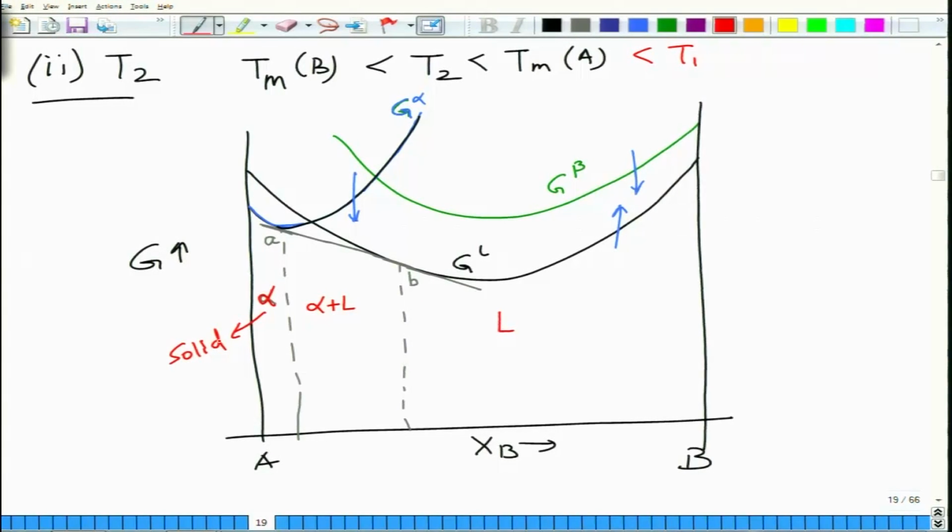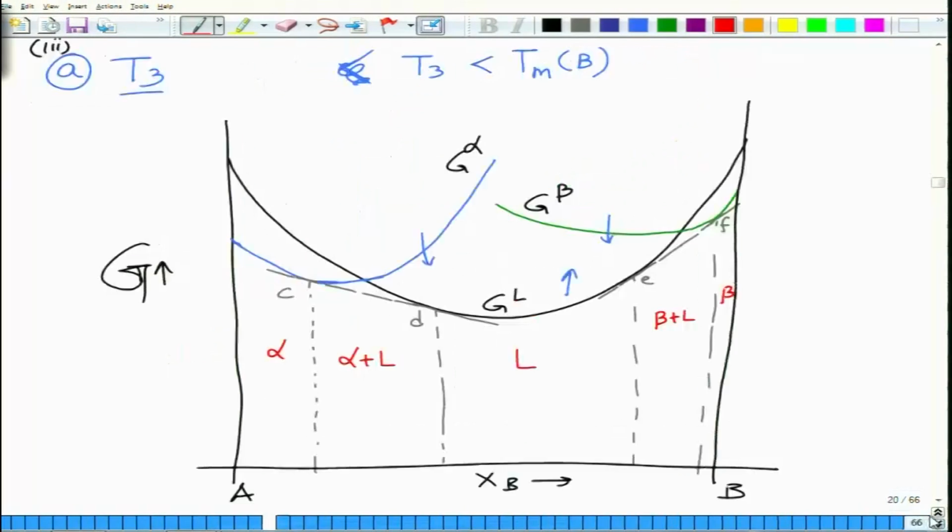After A but below composition B, you will have a two phase region, alpha plus liquid, and above composition B you will have only liquid. So we have alpha, followed by alpha plus liquid, followed by liquid.